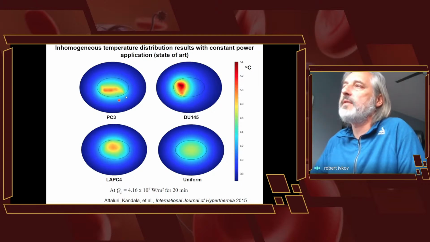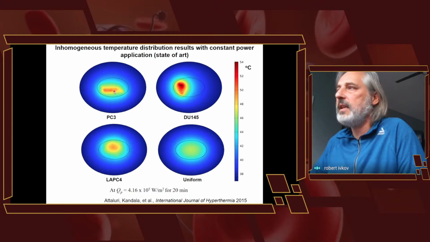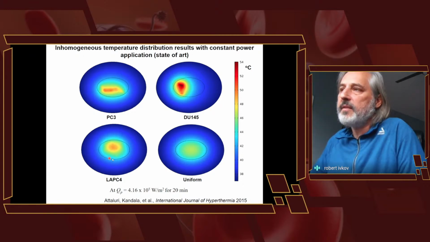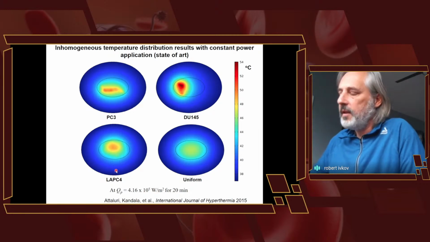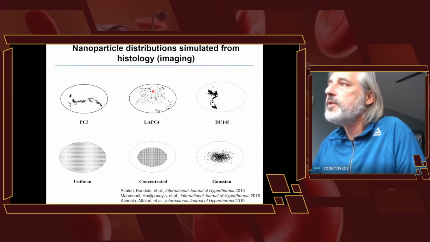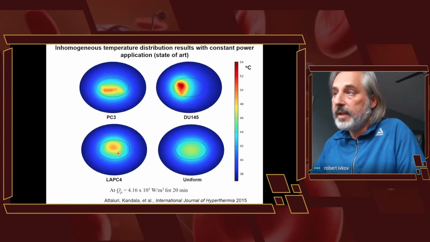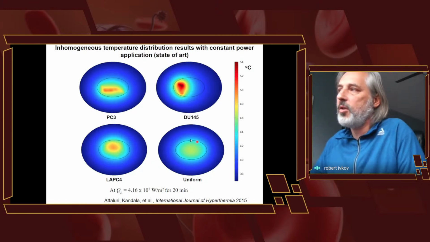What you can see is that the PC3, with the nanoparticles distributed in that area, produces generally concentrated heating that then distributes throughout the tumor. The DU-145 was off-center. Now you look at the LAPC4, which is this, and it gave us an interesting difference between this reality and the homogeneous nanoparticle distribution, in the sense that we can actually achieve a higher temperature inside the tumor.